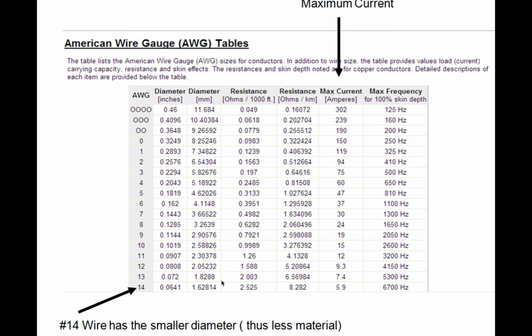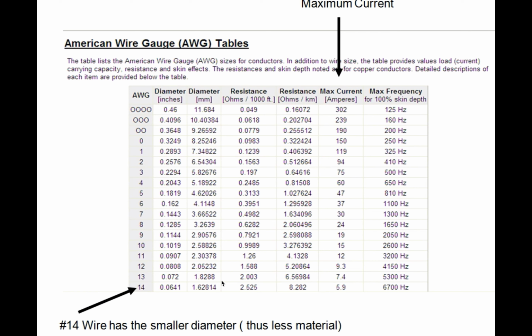So here is the table that shows you the number of the wire. Again, it's counterintuitive in that the lower the number, the thicker or bigger the wire becomes. The largest size on this table is a 4/0, or 0000, four zeros, where each wire in that cable has a 0.46 inch diameter.